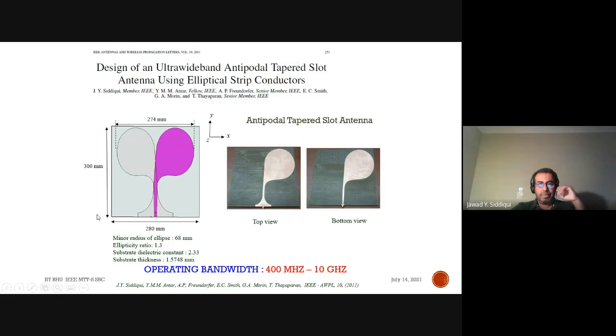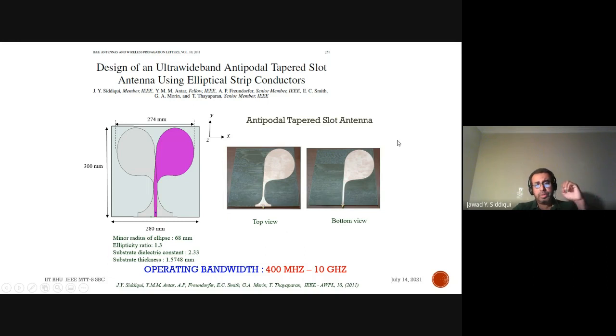This was the tapered slot antenna which I designed almost 10 or 11 years back. It has a very wide band response. The operating bandwidth was from 400 megahertz to 10 gigahertz. Okay, it was termed the antipodal tapered slot antenna.